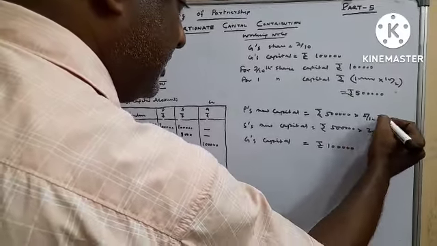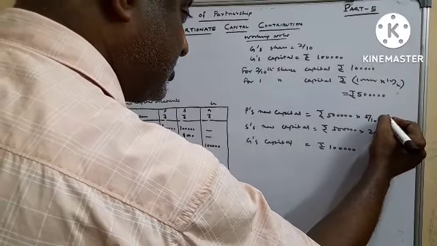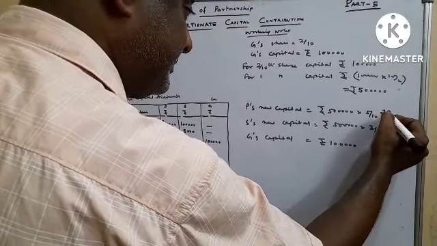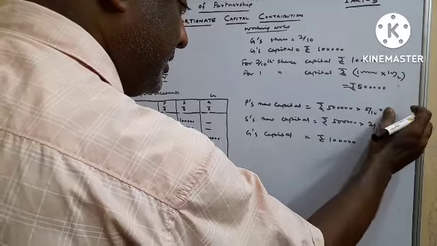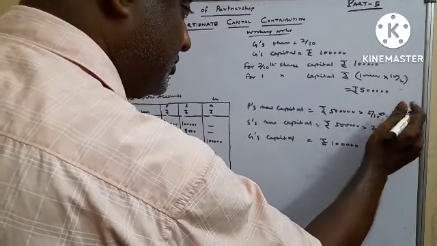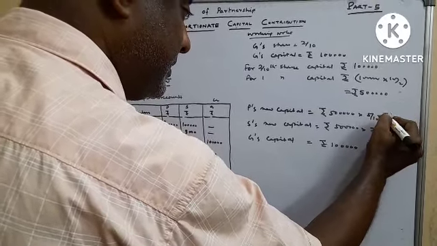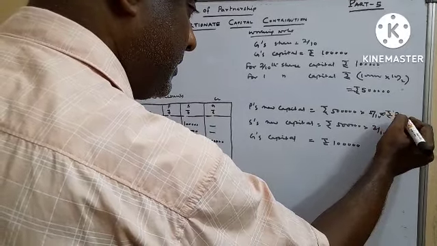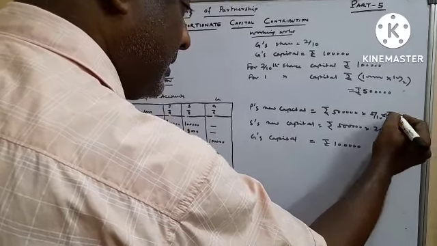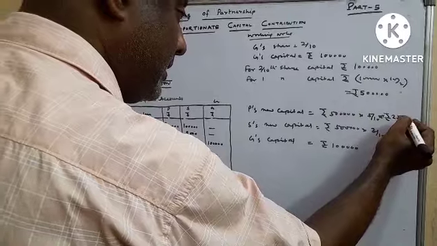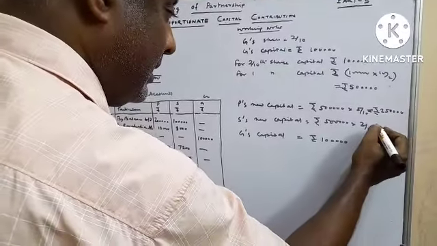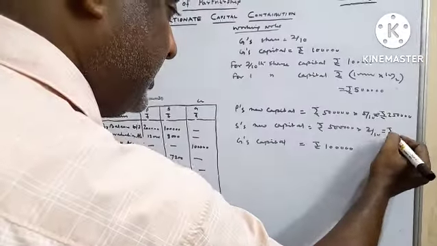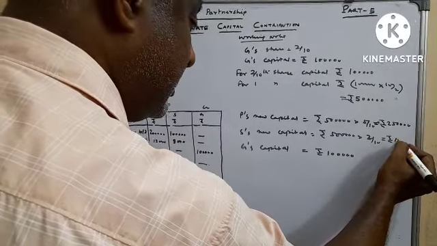Now 5 lakh into 5 by 10 will be rupees 2 lakh 50, equals to rupees 2 lakh 50. Equals to rupees 1 lakh 50.